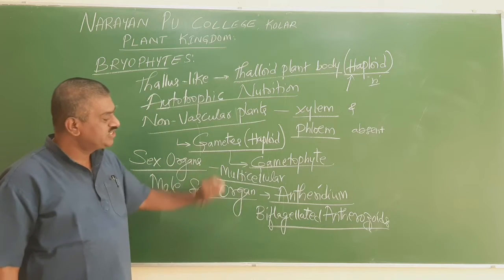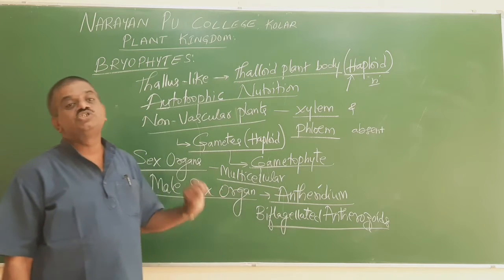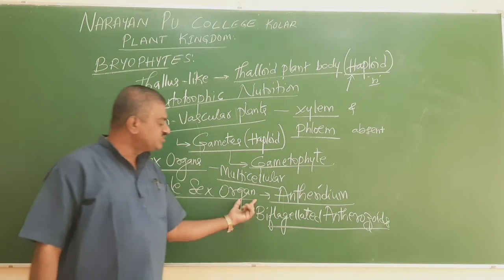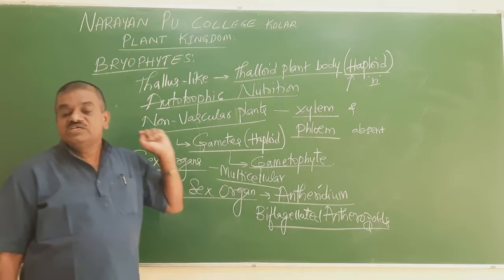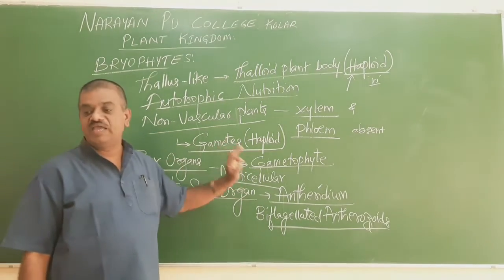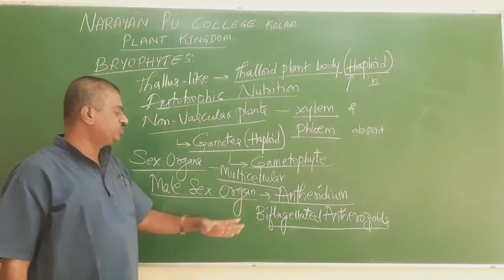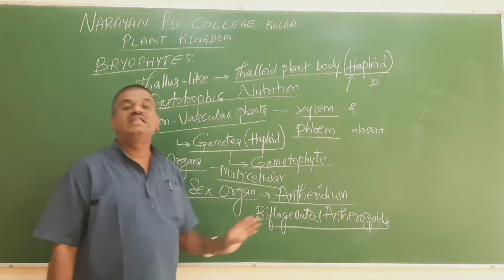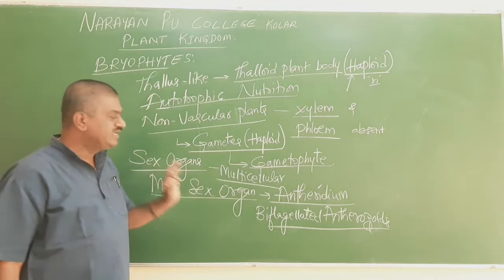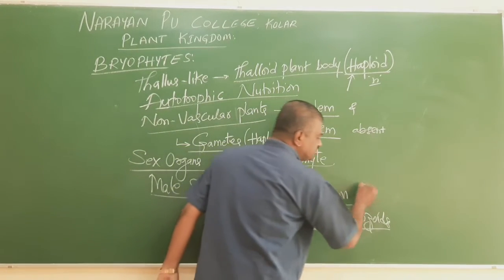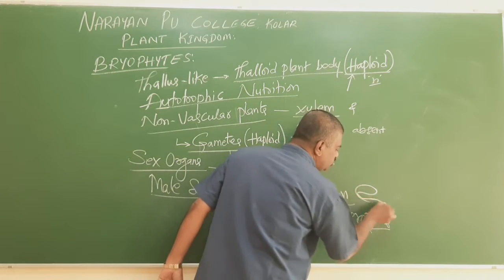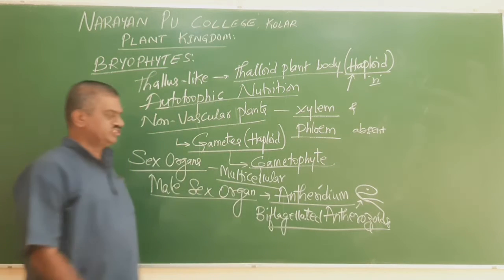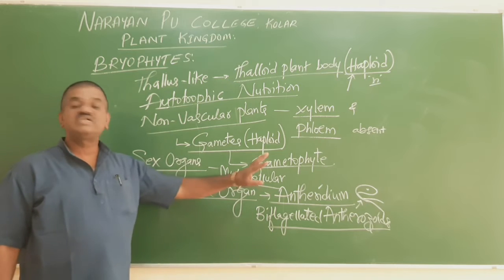In some species we also use the term spermatozoids; in some species it is biciliated spermatozoids. The biflagellated antherozoid is the male gamete, and usually two flagella are present, hence they are called antherozoids.